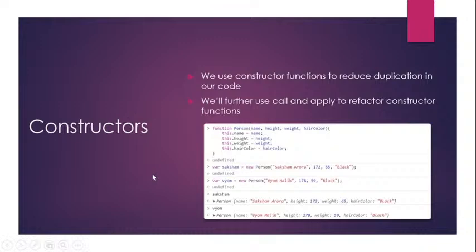Okay, and here is another example, which is a blueprint of a person, which says name, height, weight, and hair color. These are 4 properties, and we're declaring these properties just the way we did in the previous example. And we're going to declare these 2 constructor functions with these 2 new objects, and it will declare that for us.